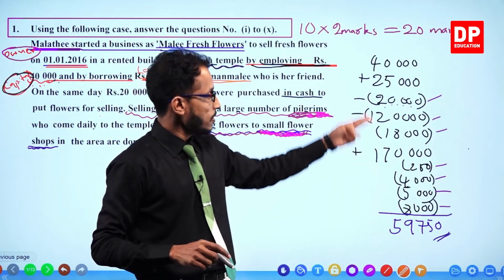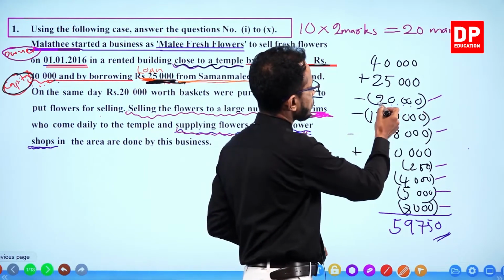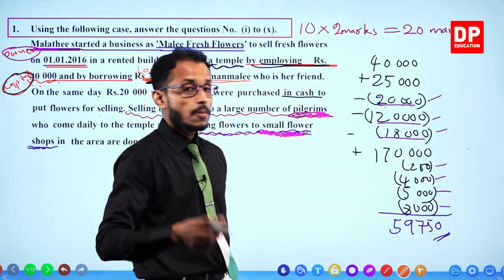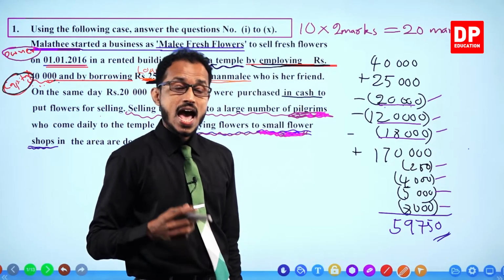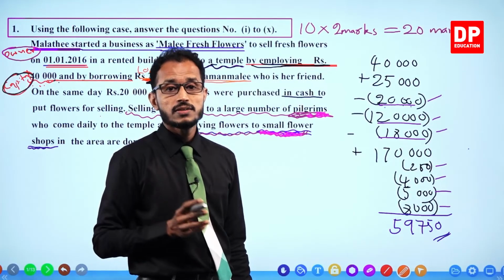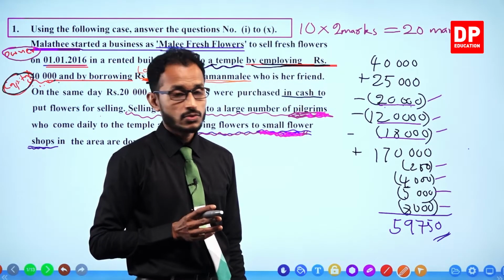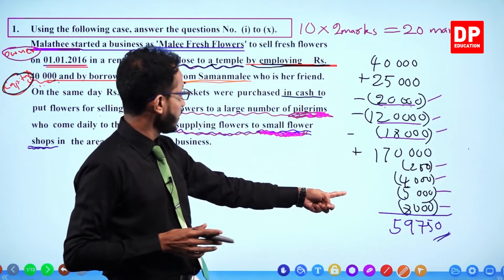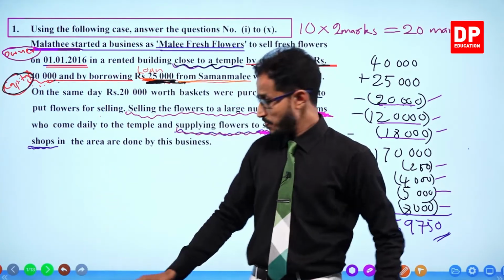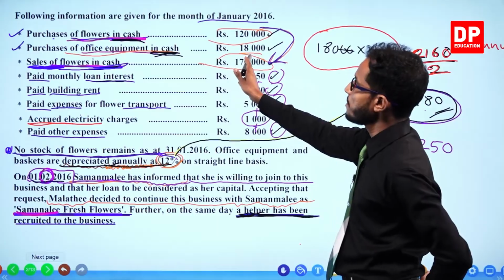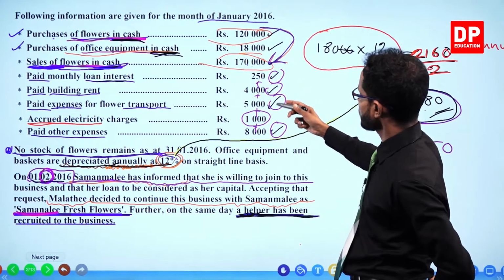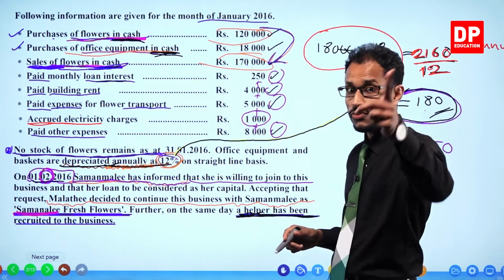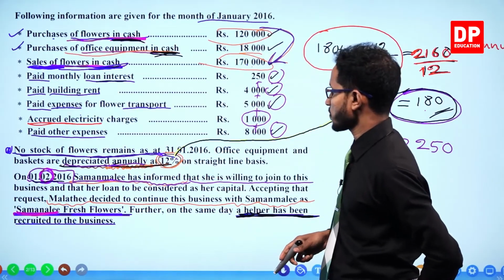So all these expenses we marked here are all cash expenses. As I told you, we have to take the non-cash expenses to accrued expenses if accrued ones are there. So we took 18,250, all the given cash expenses, and do not forget the depreciation.